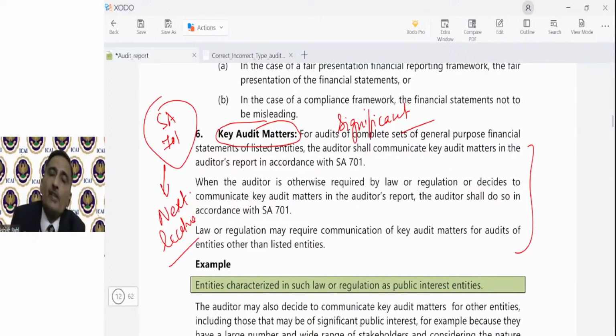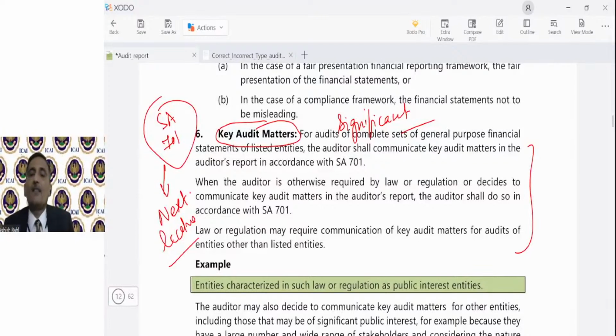What audit procedures, what tests of control, what substantive procedures he has performed on such matters which have been identified by him as significant matters, as key audit matters.